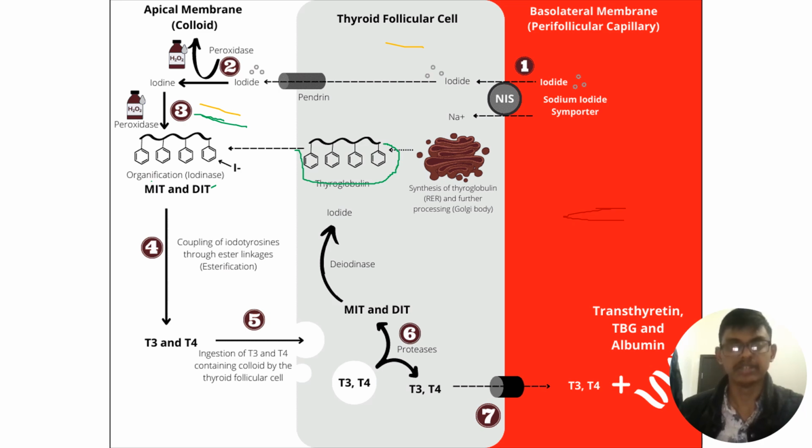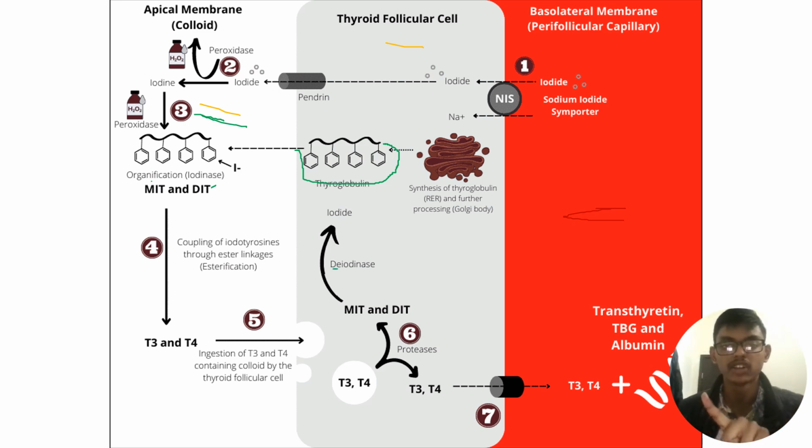Tyrosine is an amino acid. Then this thyroglobulin is transferred into the colloid, and then there is incorporation of the iodine into the thyroglobulin to form the MIT and DIT.